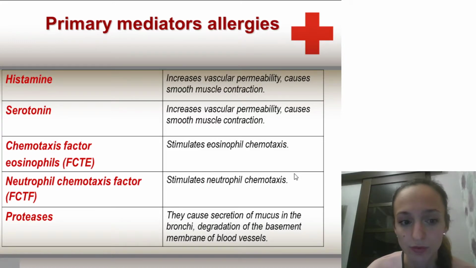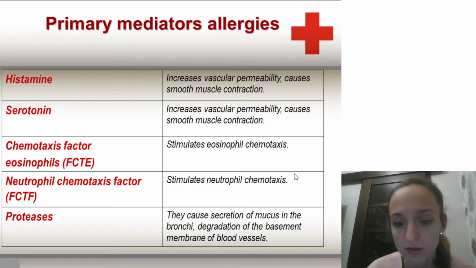Eosinophil chemotactic factor stimulates eosinophil chemotaxis, and neutrophil chemotactic factor stimulates neutrophil chemotaxis.